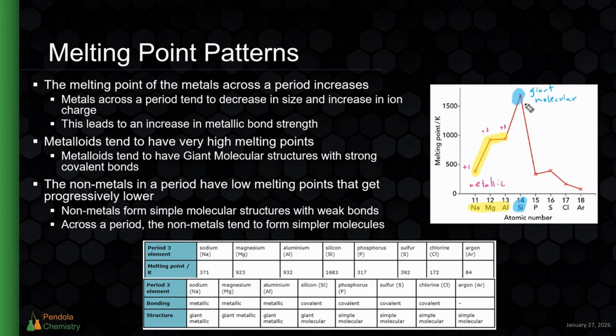That's because we need to break covalent bonds if we want to melt something like silicon. But once we get past silicon, into things like phosphorus, sulfur, chlorine, and argon, these now are very low. Why are these very low? Because they're not metallic, and they are not giant molecular. These are going to be simple molecular.